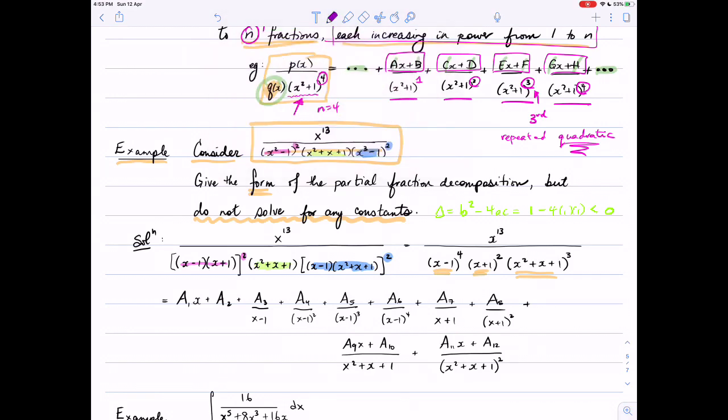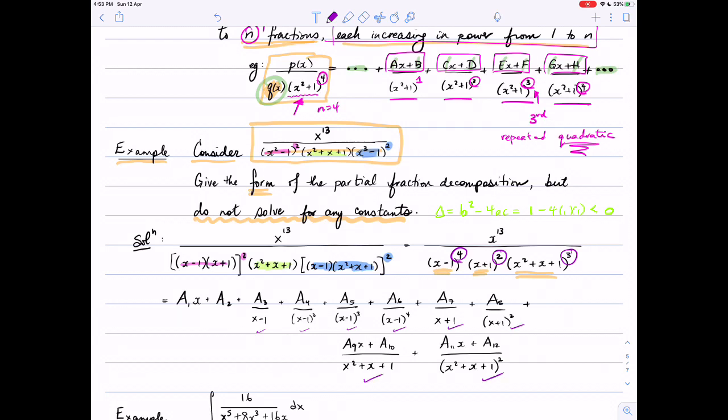Well, here we have a power of 4, and I get potentially one fraction per power. So 4 fractions there, 2 fractions there, 3 fractions there, which means I'm going to have 4 plus 2 is 6 plus 3 is 9 fractions. So 1, 2, 3, 4, 5, 6, 7, 8.